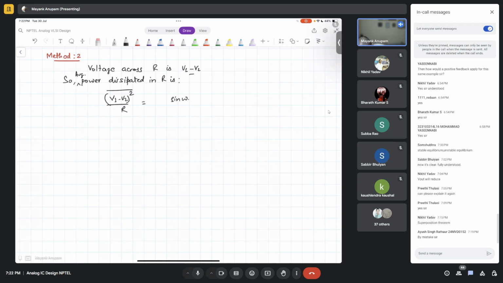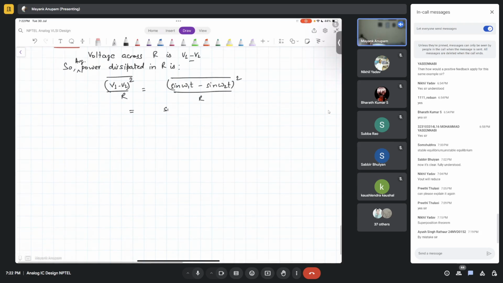Sine of omega 1 t minus sine of omega 2 t the whole square divided by R, and take an average of that whole thing. So what will this be? Sine square omega 1 t plus sine square omega 2 t minus 2 sine of omega 1 t into sine of omega 2 t. Correct? Am I right?